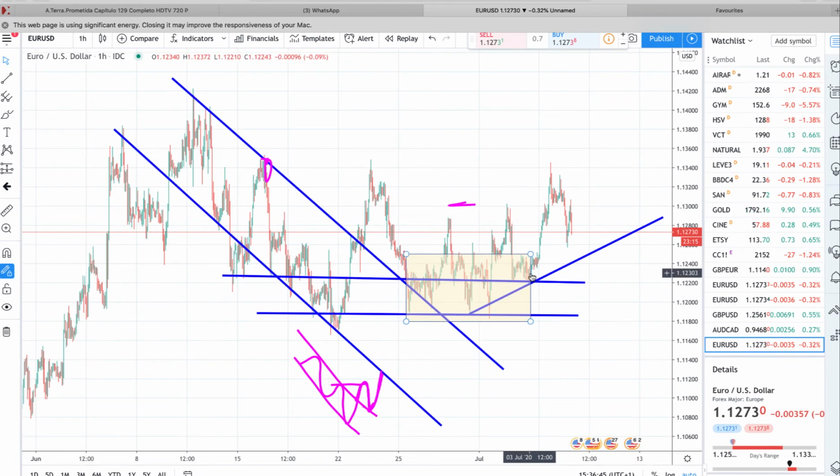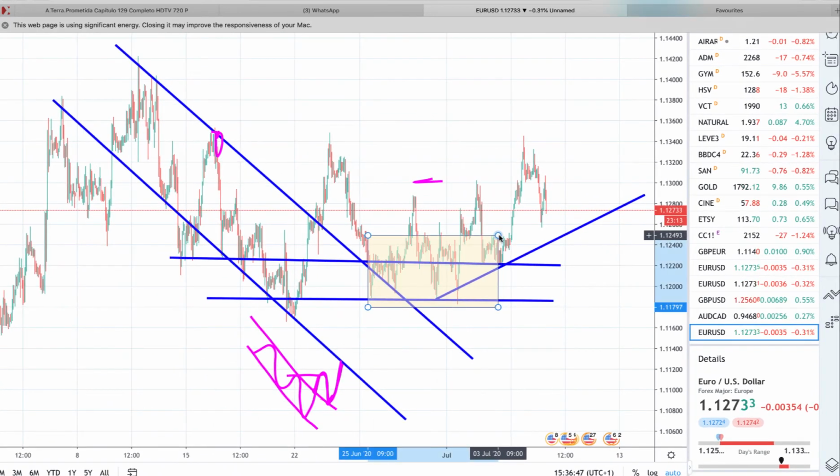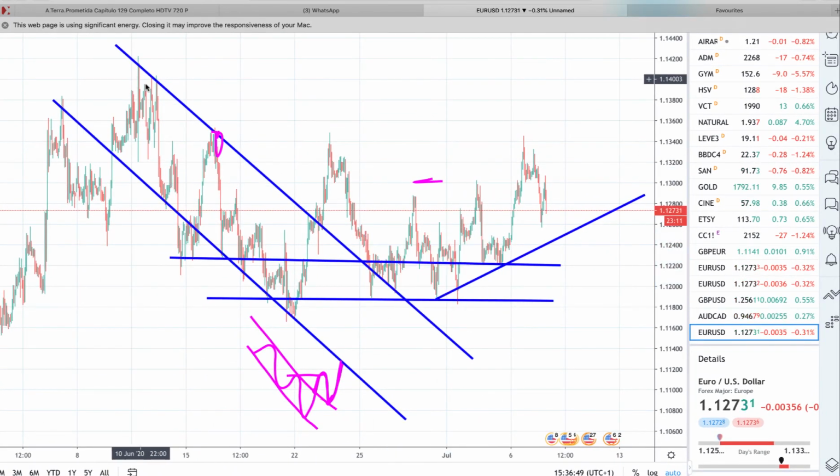Okay, look what happened here. You see, the market has been going all the way down, found a support level here, went all the way up, but came back down to the same sort of level. The difference here is that we had the break here.